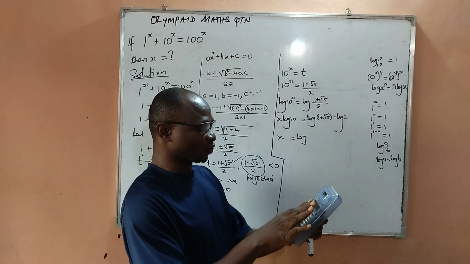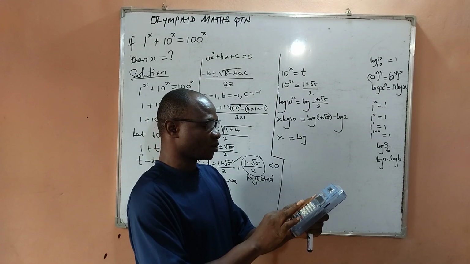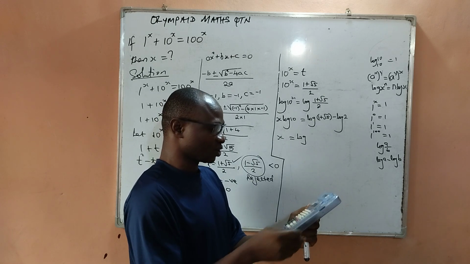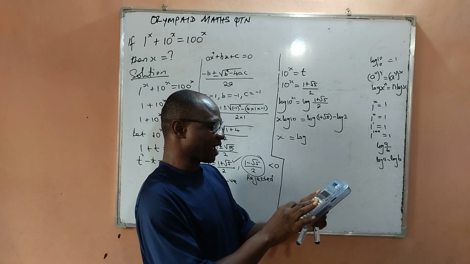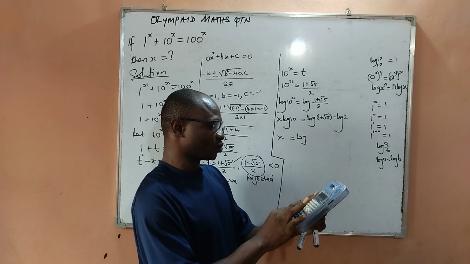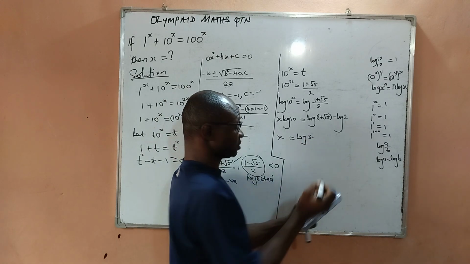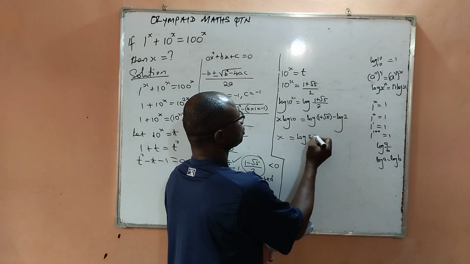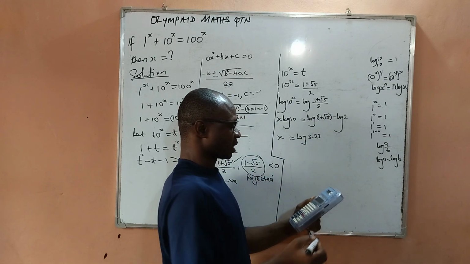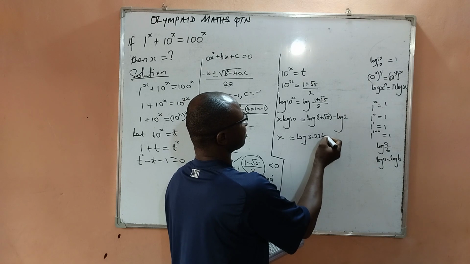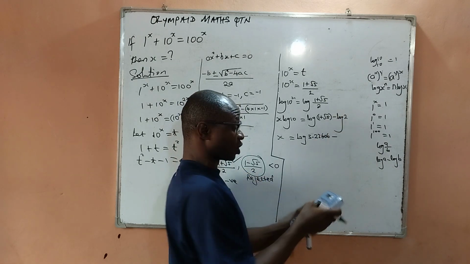Okay, so root 5 plus 1 will give us the log of 3.23606. Then minus log 2.